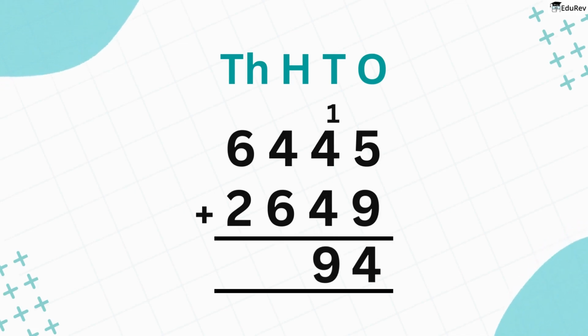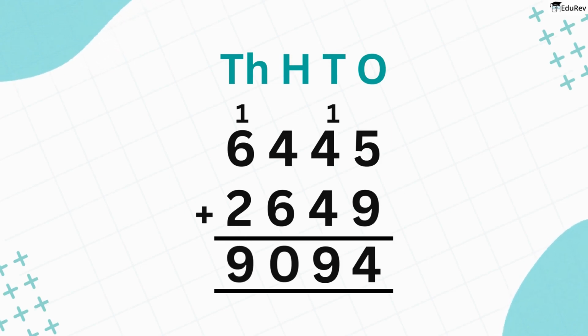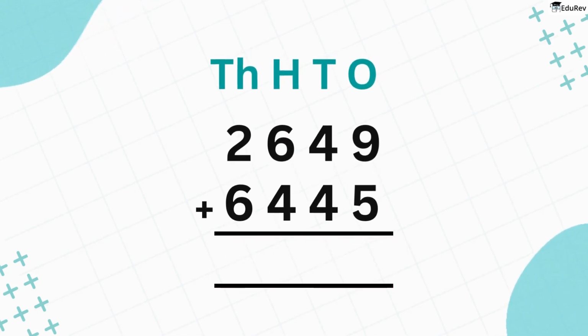Moving on to the hundreds place and adding 4 and 6 gives us 10. So we write 0 and carry over 1. Finally, 6 plus 2 plus carried over 1 gives us 9. The answer that we get is 9094.